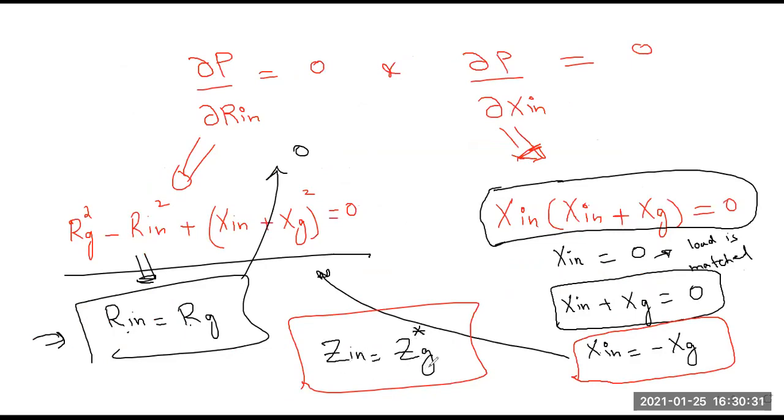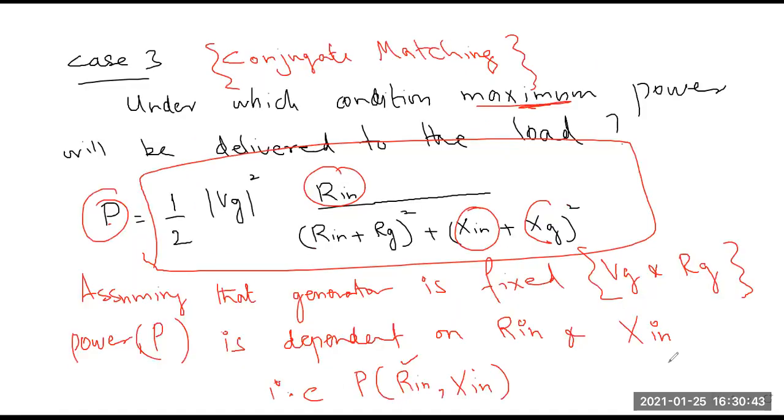maximum power. Now let's put this condition in the general expression of power so that we can find out which expression is valid. So the original expression is this one. So you need to put Rn is equal to Rg, and Xn is equal to minus Xg.